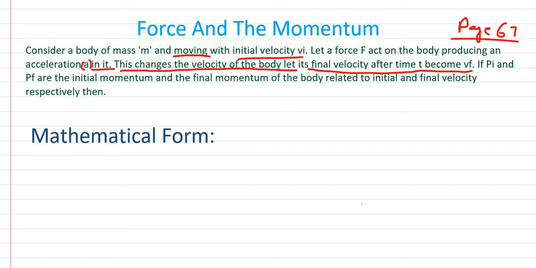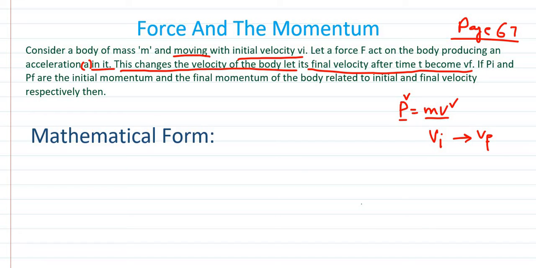You know that the formula of momentum is P is equal to the product of mass and velocity. We already learned P is equal to mv. Momentum is denoted by P. So V is involved here. If velocity is changing from vi to vf, its momentum is also changed.